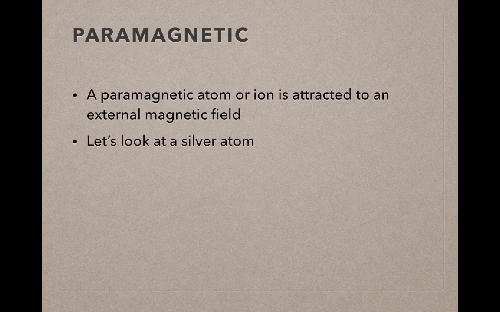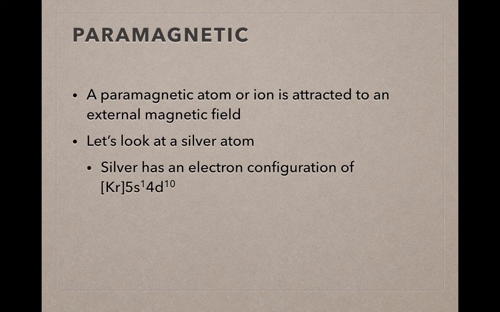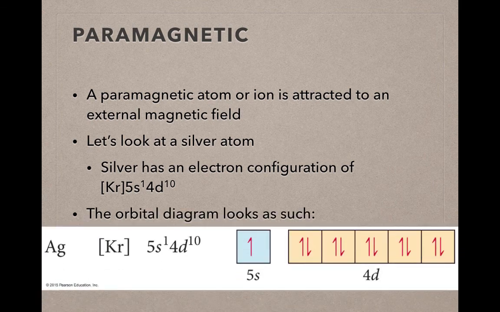If we look at the electron configuration of a silver atom, it is krypton 5s1 4d10. We can write the orbital diagram, and it looks something like this. We see we've got our 5s1 here and our 4d10 right in there. And so this would be paramagnetic.